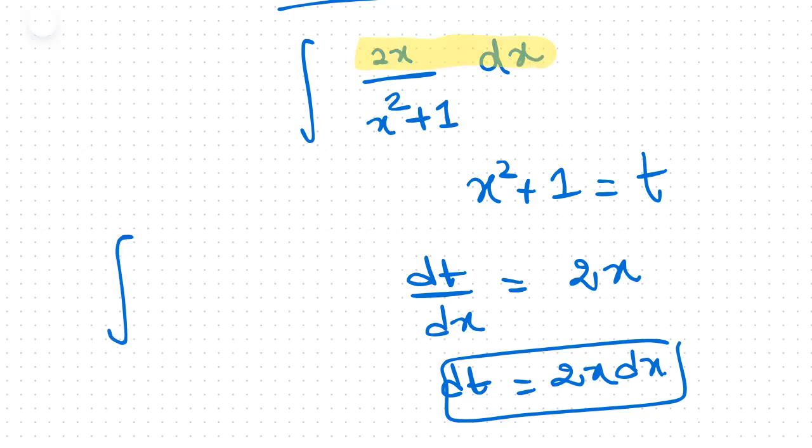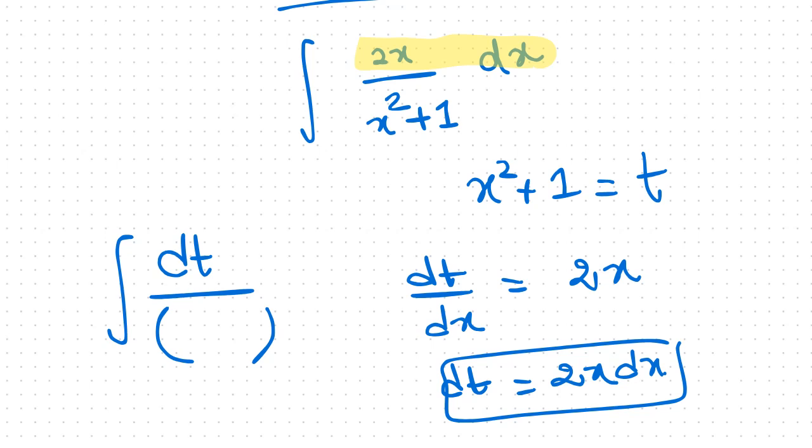So 2x dx was dt. dt upon, what is the denominator? 2x.